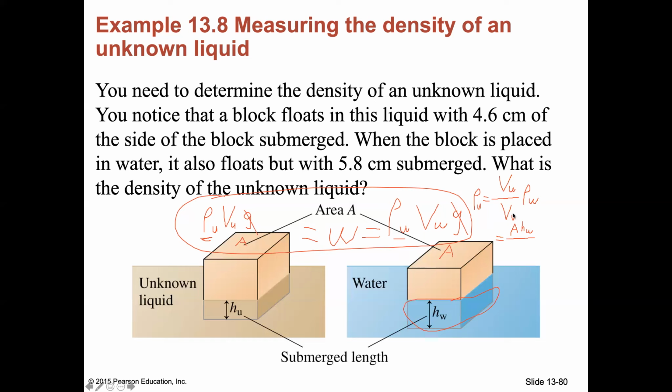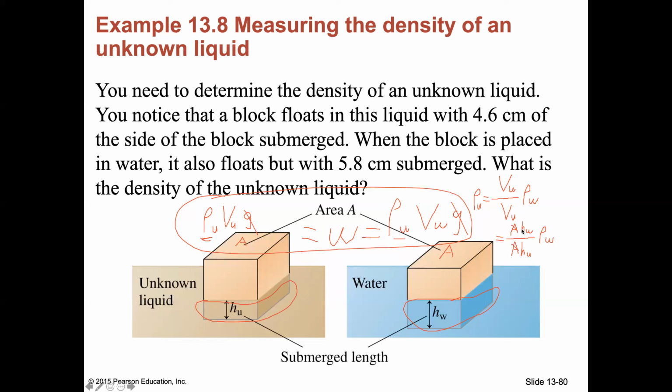What is the V unknown? The V unknown is this part, the submerged part. It equals A times H unknown. So this is the VW, this is the V unknown times rho water. So A will be canceled.